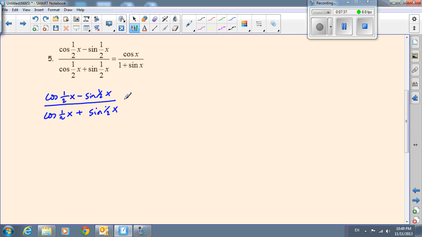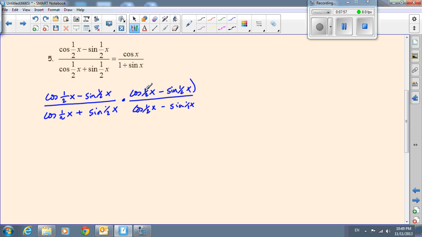Well, to work this one, I'll multiply by the conjugate of the bottom, which is cosine of 1/2 x minus sine of 1/2 x over cosine 1/2 x minus sine of 1/2 x.